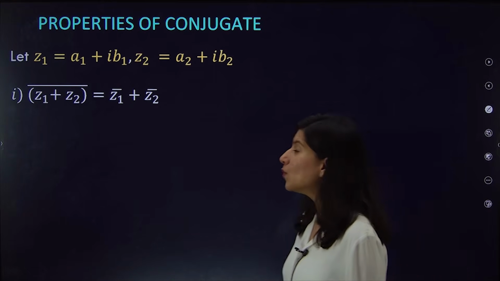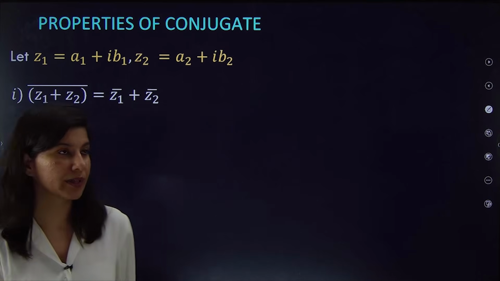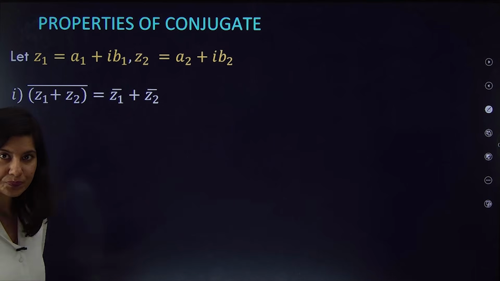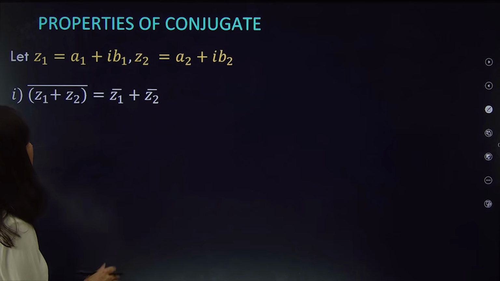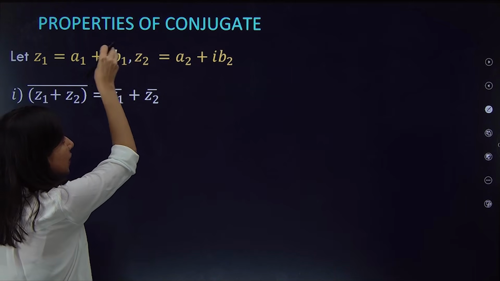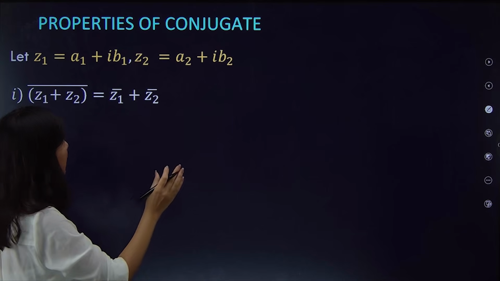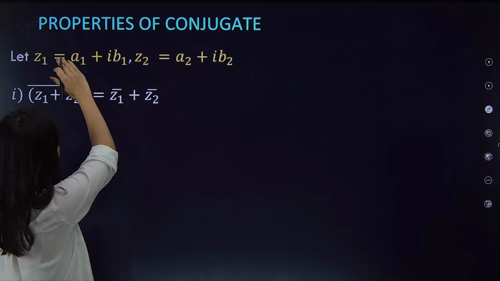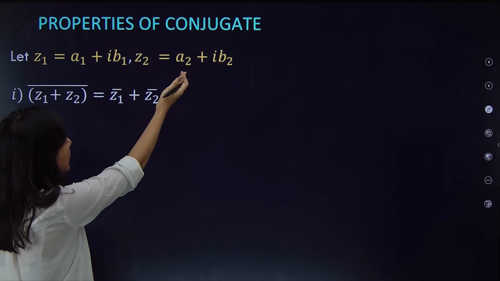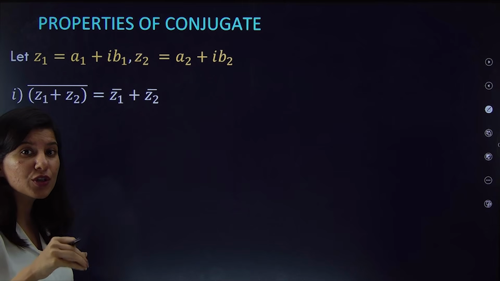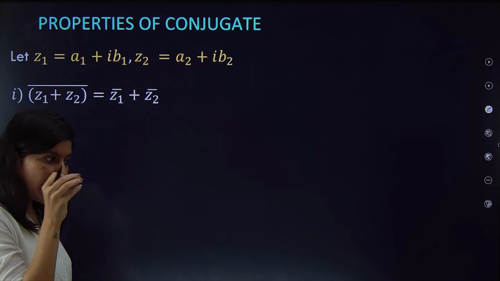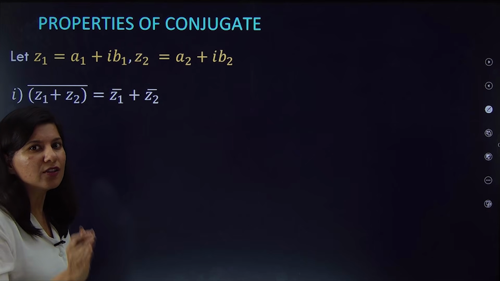Okay, some more properties of conjugate. Suppose you have z1 plus z2 as a separate complex number, and now you want to take the conjugate of that. Rather than adding and separating the real part, don't do that.